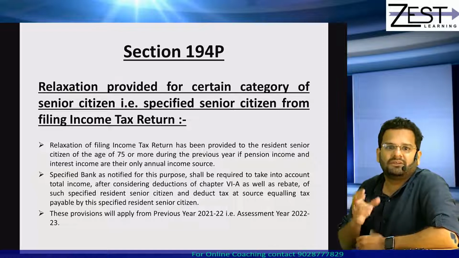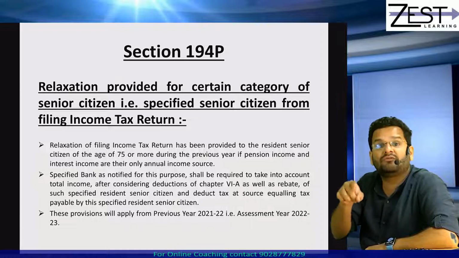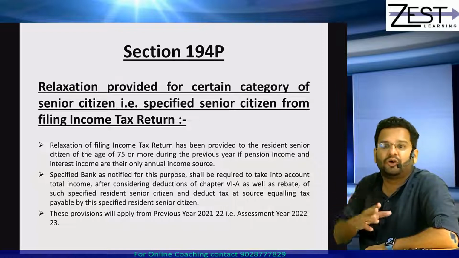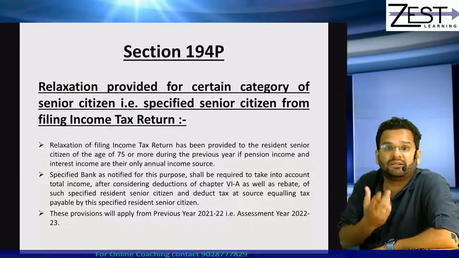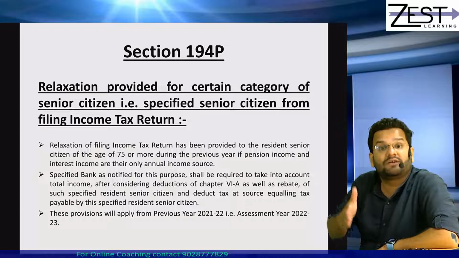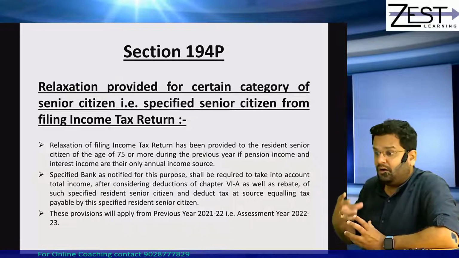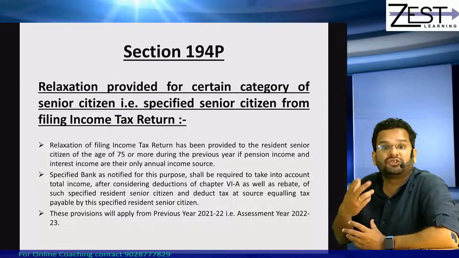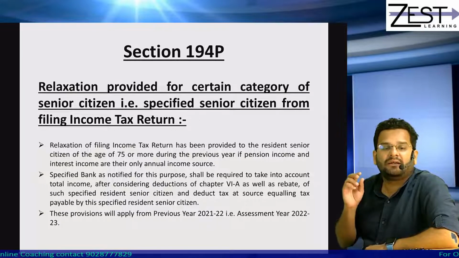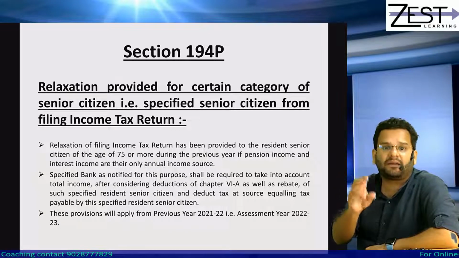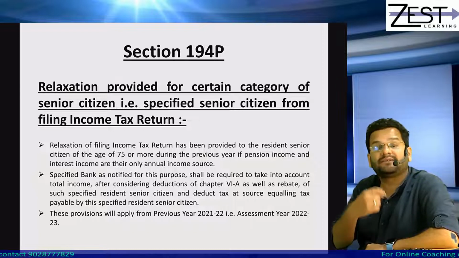If there is a resident senior citizen whose age is 75 or more, so not a normal senior citizen of 60 or more, we are talking about such a resident individual whose age is 75 or more, and they are having pension income and some interest income, and it is being deposited in a bank, then that bank will do TDS equal to tax payable.